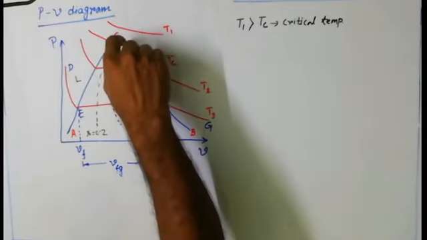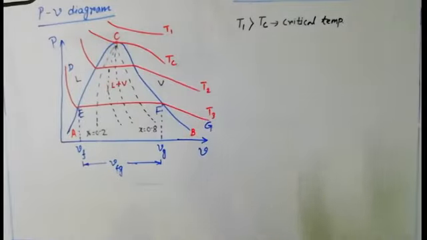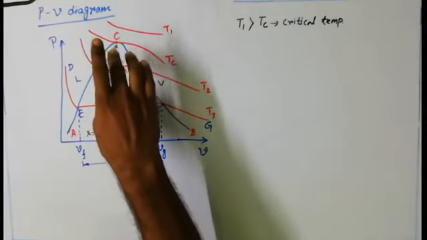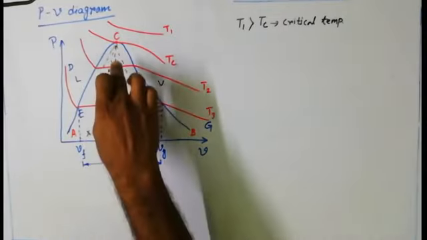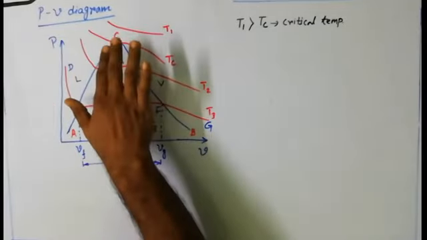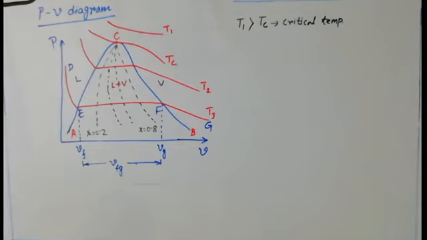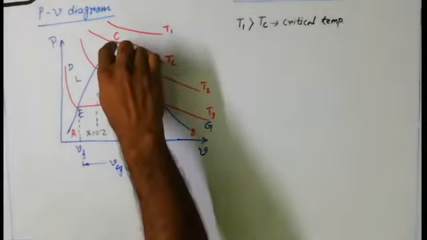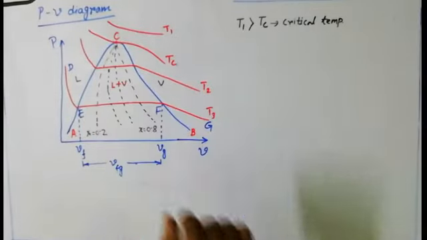They meet at point C. So the critical point is basically defined as the point where the liquid phase and the vapor phase coexist. It is a kind of vertex of that particular triangular shape.